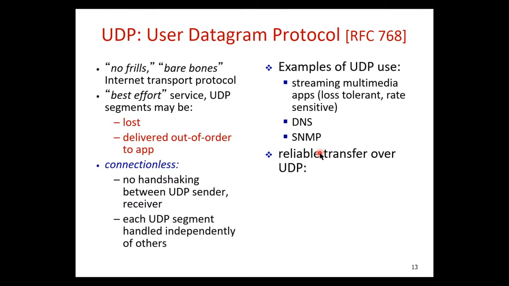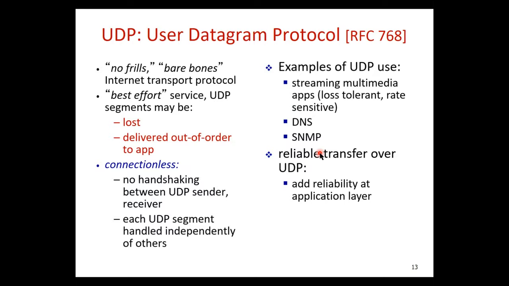Now another thing to keep in mind is that UDP does not provide reliable data transfer, but that does not prevent us from having reliable transfer if we want it, because we can implement reliability at the application layer. Typically, to have reliability, we just retransmit if the data is lost.